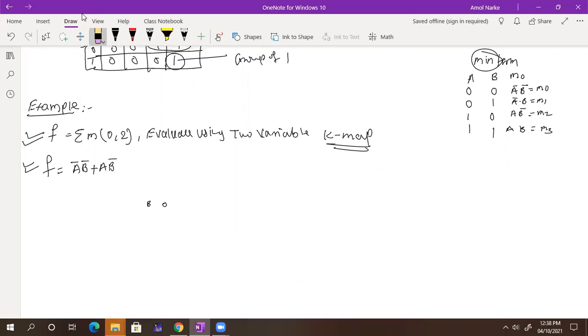So first I draw a table. Tell me what I should write down here. Suppose I take A here and B here. So A here, it means what? Firstly, I will get A complement and here A, that is nothing but 0 and 1.